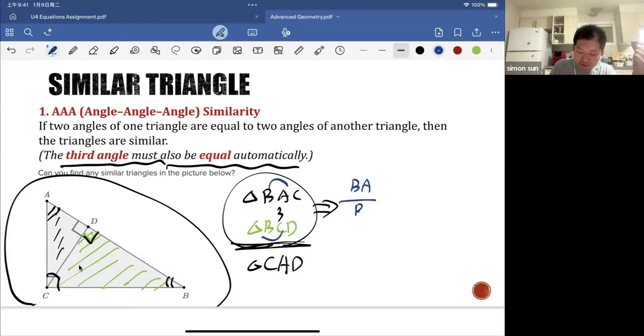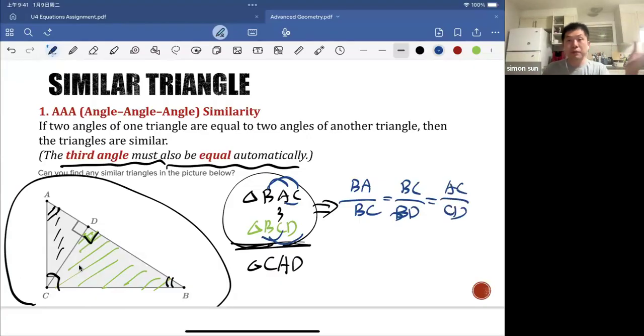BA over BC is equal to BC over BD is equal to AC over CD, right? That's the definition of similar triangles. The corresponding sides are proportional.